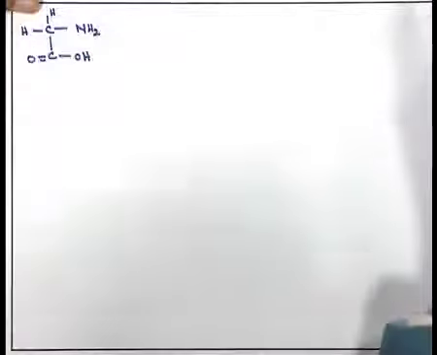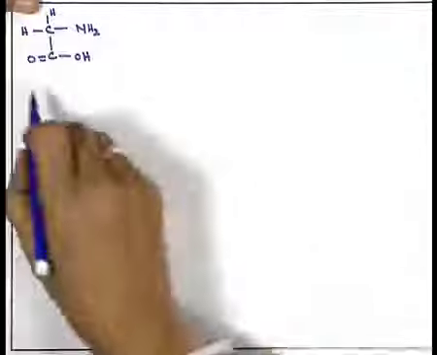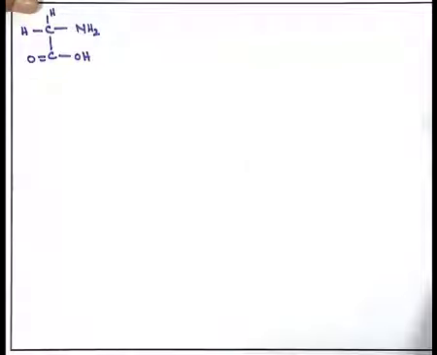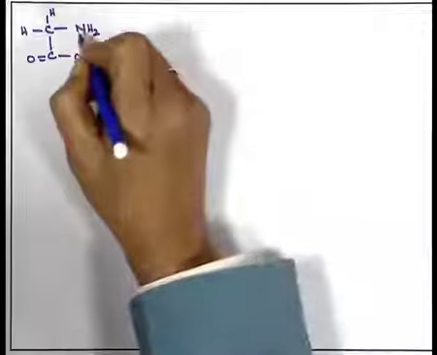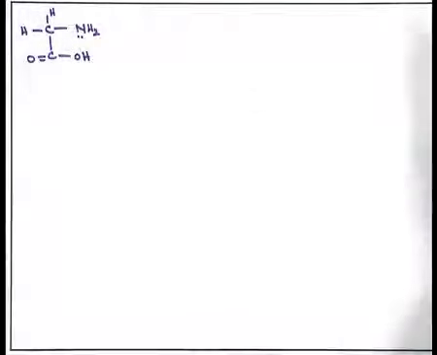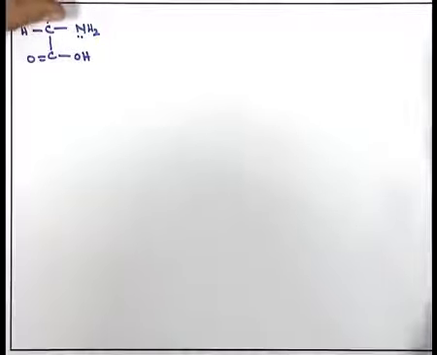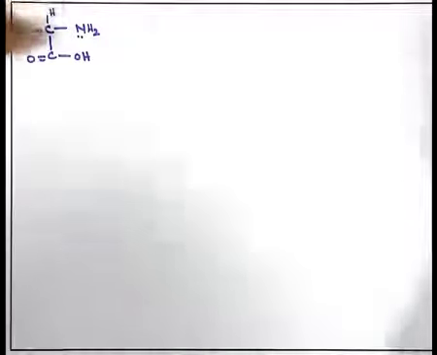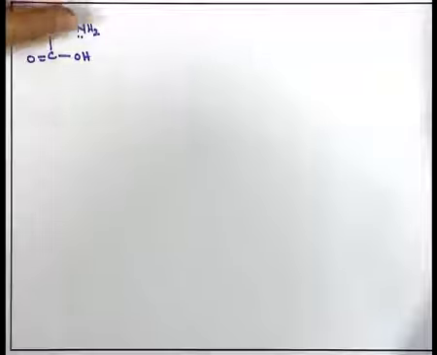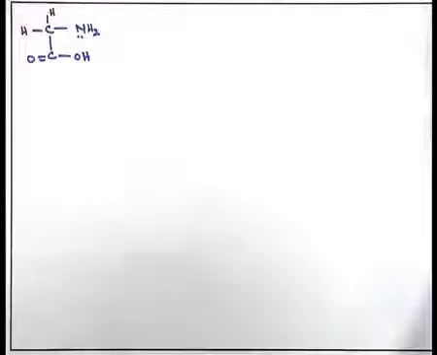So, it is CH2 NH2 COOH, alpha amino carboxylic acid. So, I have rewritten the glycine structure. Look at the nature of this compound. You have a nitrogen atom whose valency is satisfied as 2 plus 2 is 4, with the 2 hydrogens 6, but it has a non bonded electron pair.